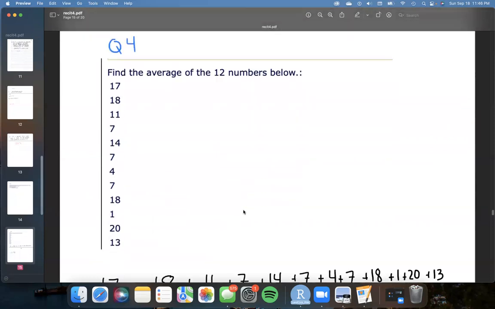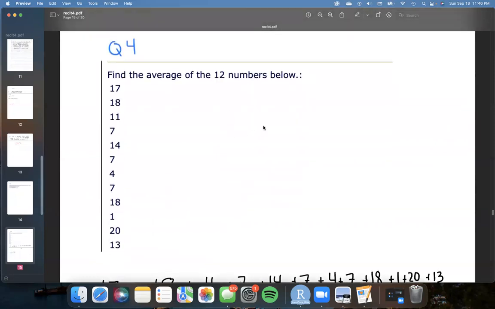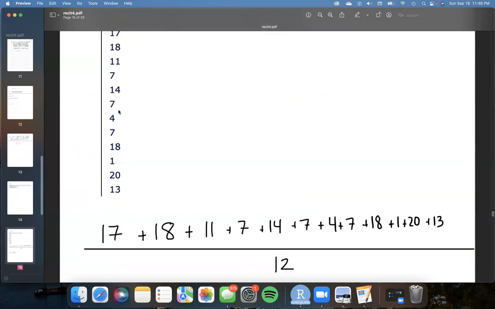Okay, question 4 is to find the average of the 12 numbers below. So to find the average or the mean, you're going to add up all the numbers and divide by the total number of numbers.